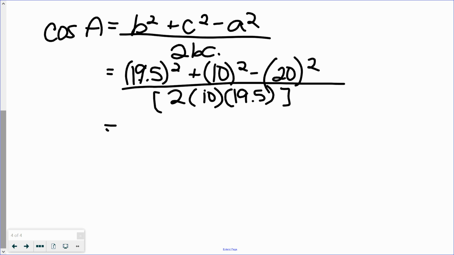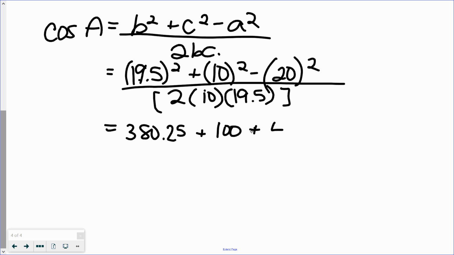Or if you want to break it down into the individual steps, so 19.5 squared. I know that one.